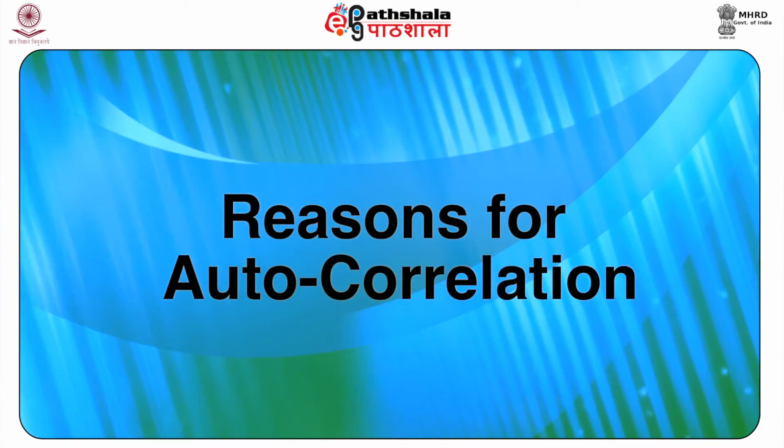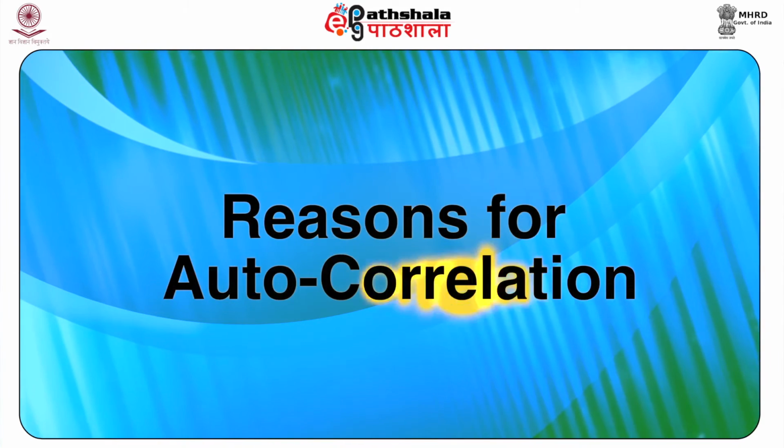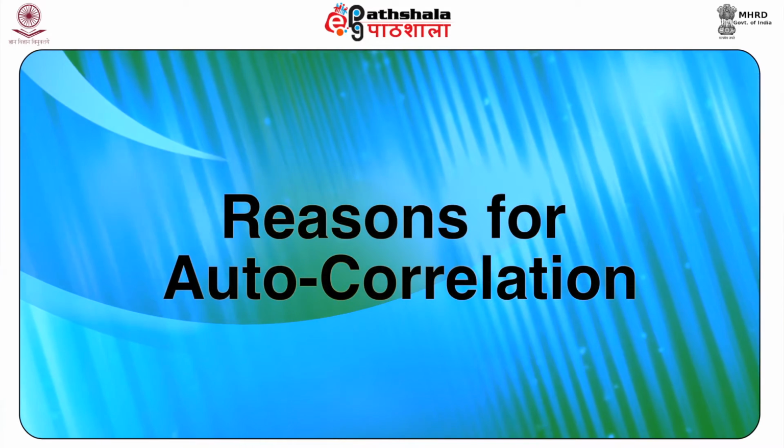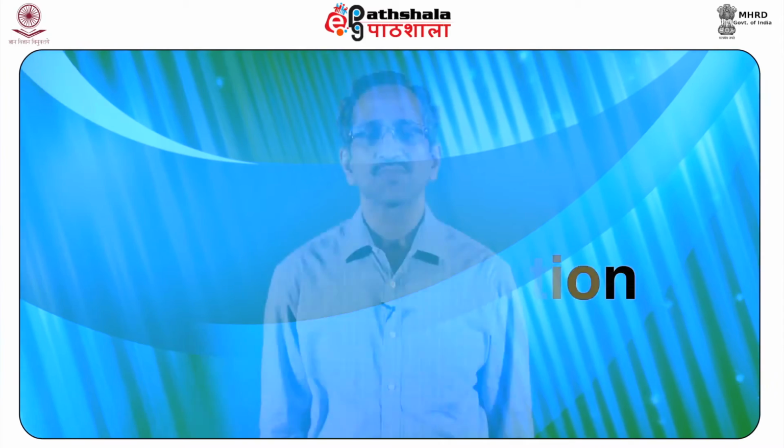The question therefore which arises, and which we must try to answer, is: what are the reasons for autocorrelation? Let's try to understand some of these reasons here. The reasons for autocorrelation are as follows. First, over a period of time, the data shows a common trend.